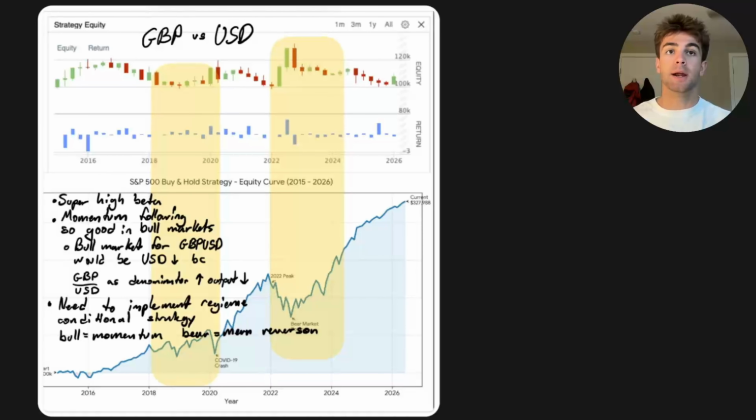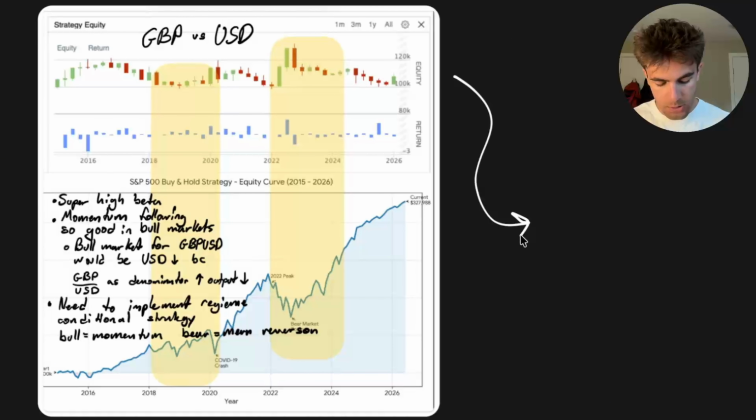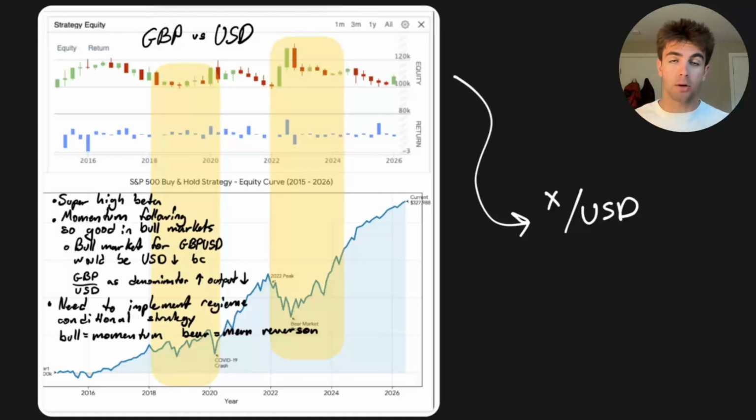Something interesting that I noticed was the correlation between the equity curve of the strategy and the market as a whole, especially the domestic USD market. So as we can see, we have the equity curve of the strategy on top, which should be something against USD. And so it's going to be inversely correlated with the market at large.